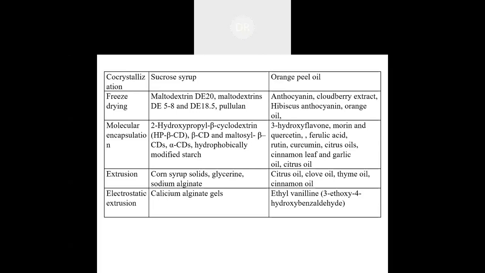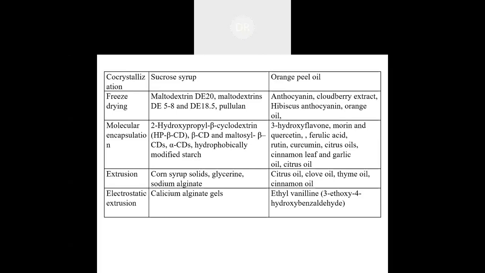For anthocyanin from hibiscus and orange oil, the freeze drying method can be used for the encapsulation, and maltodextrin can be used. Various grades of maltodextrins are available, and they can be used as a wall material, and pullulan is also used as a wall material.